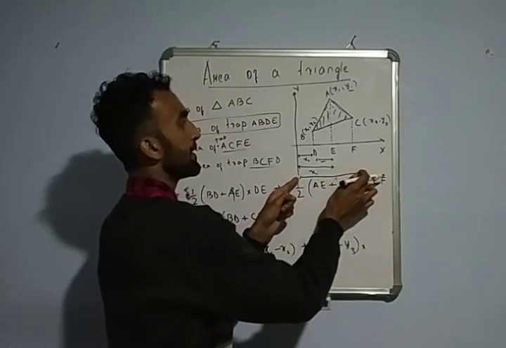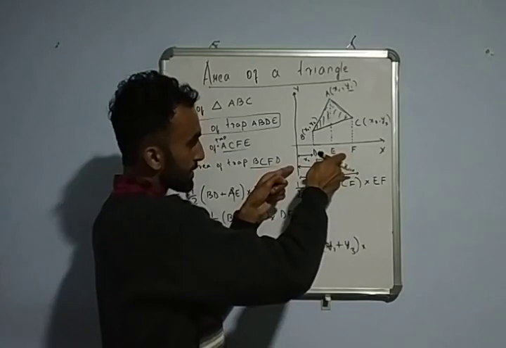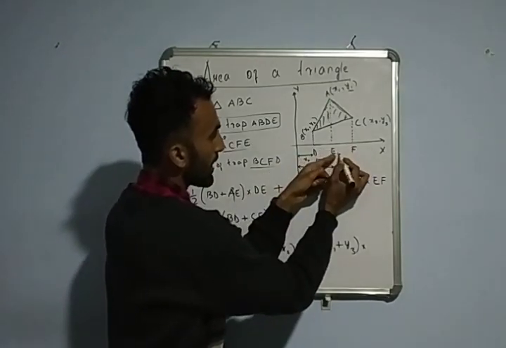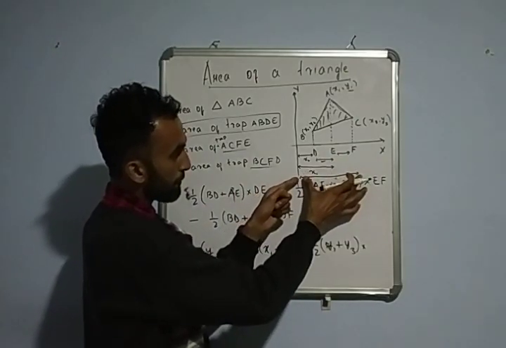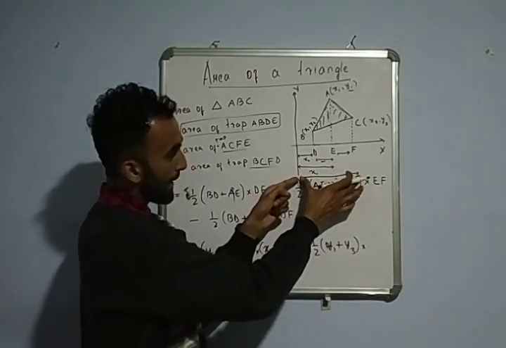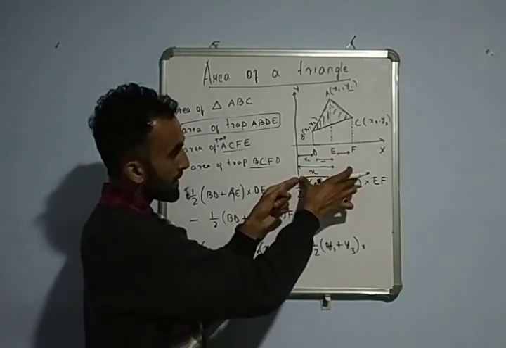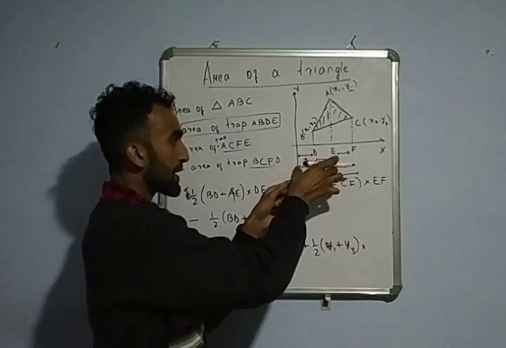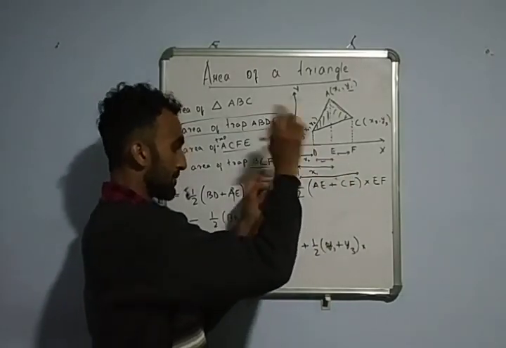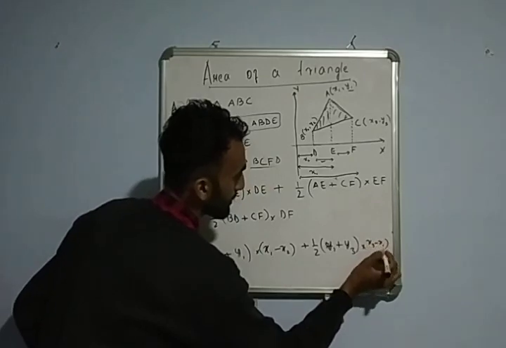From x3, you have to subtract this part in order to get this. I want to get EF. From x3, I will subtract x1 because this is x1.